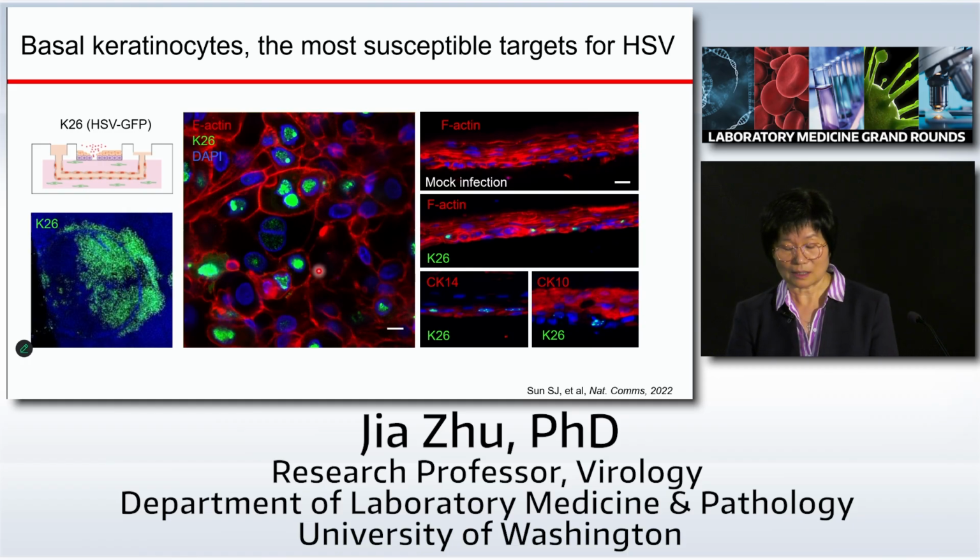And the confocal image also shows that HSV infection in the skin chip induces morphological changes, such as the formation of multinucleation and also the enlargement of the nuclei and the chromatin margination. So this is very similar to what we see in the herpes lesion.